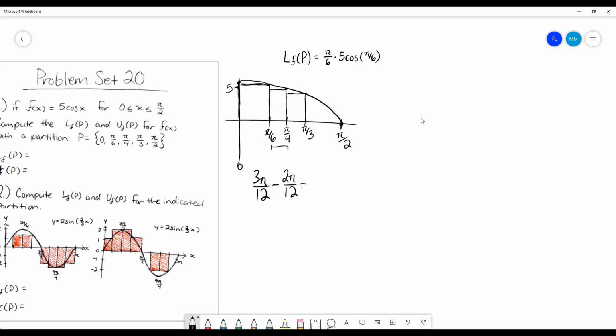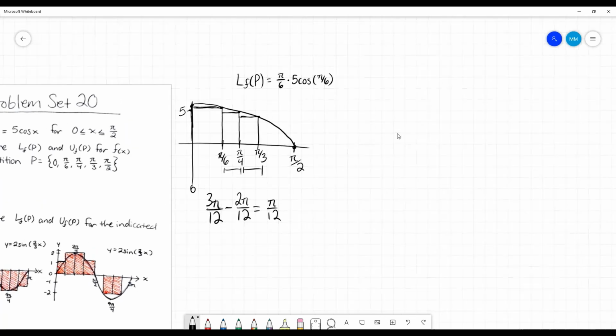Okay. And that's going to end up being a distance of just pi over 12. And that's going to be that same distance here, which you can always double check on your own. So it's going to be plus pi over 12 times, again, that 5 cosine of pi over 4, plus, and this is also a distance of pi over 12, so pi over 12 times 5 cosine of, now the lower one's pi over 3.